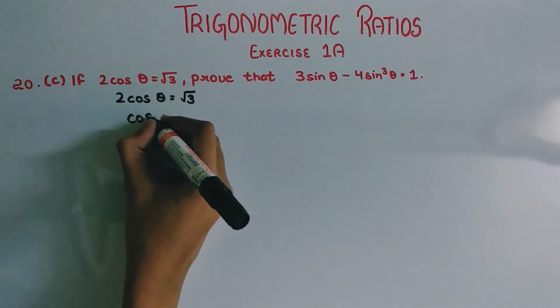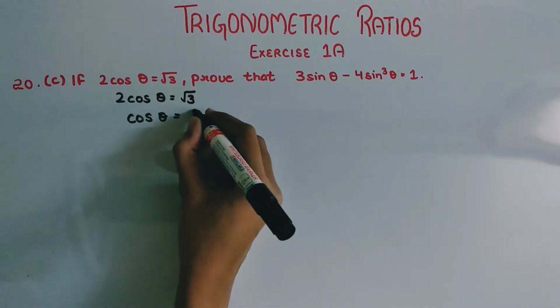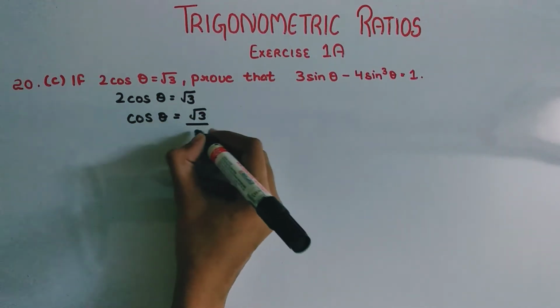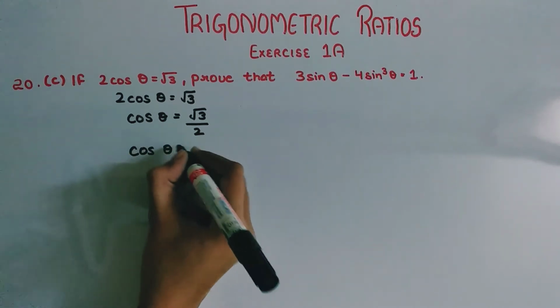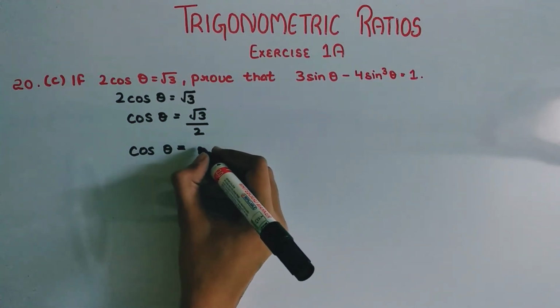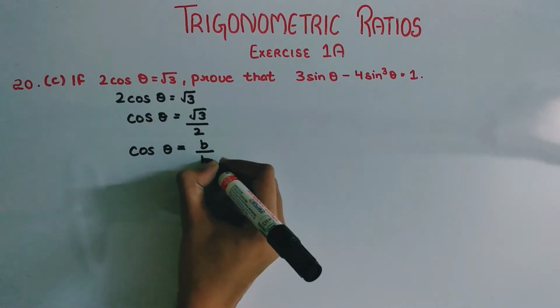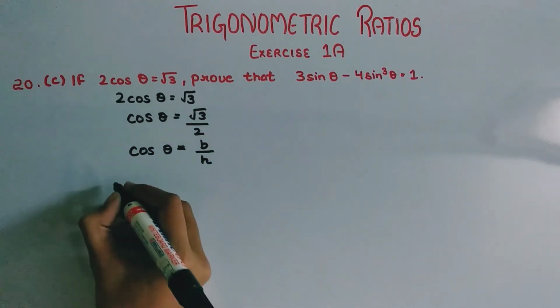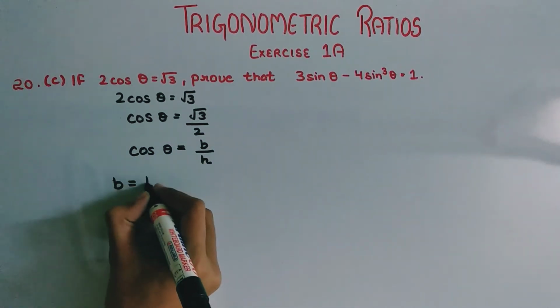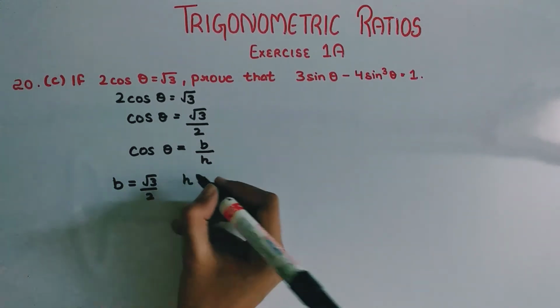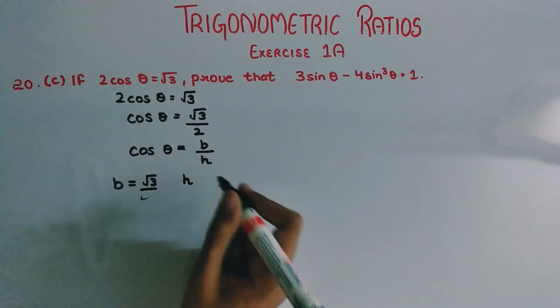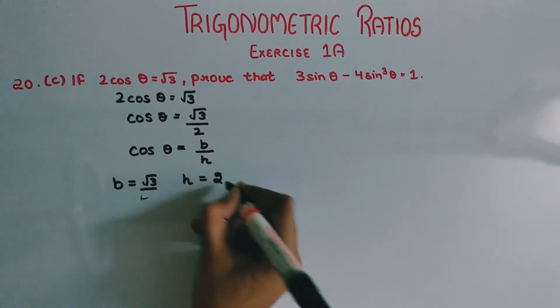Hence cos theta will be equal to root 3 divided by 2. But we know that cos of any angle theta is base divided by hypotenuse. Hence from this we know that the value of base is root 3 and that of hypotenuse is 2.